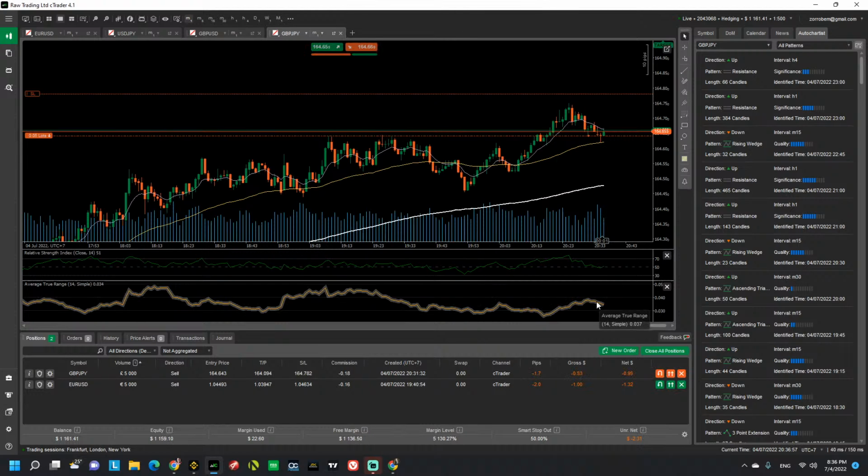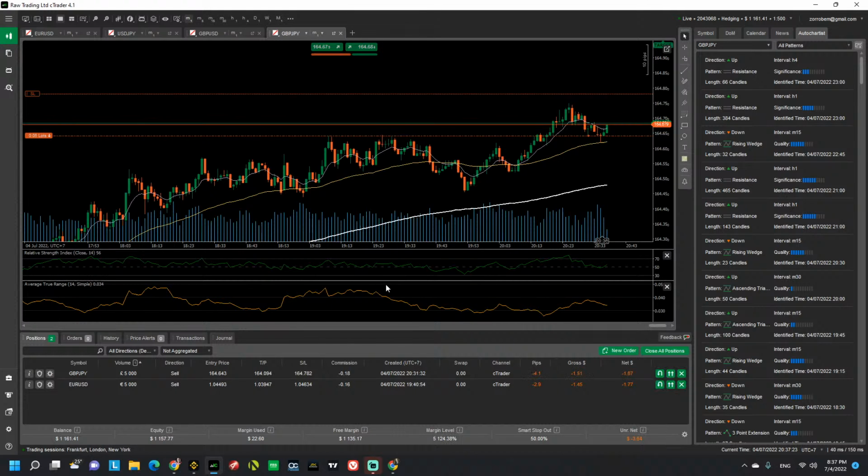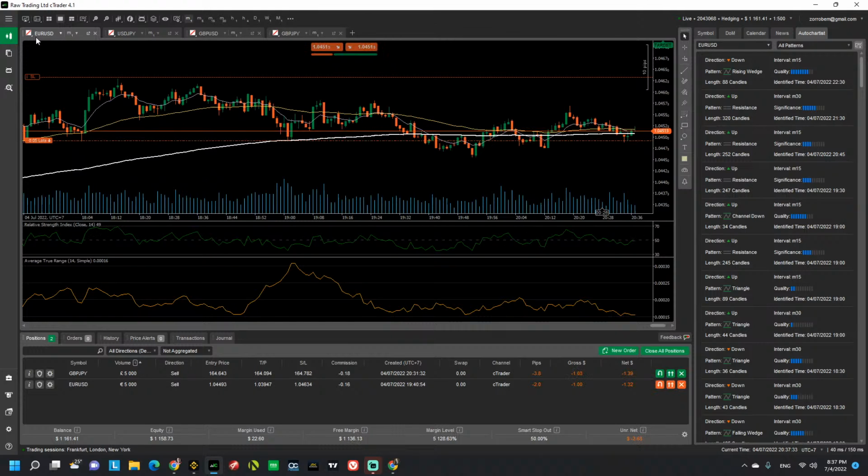The momentum went down again, so it might make another leg up. Yeah, this might stop us out again. Yeah, euro is not also looking so good.